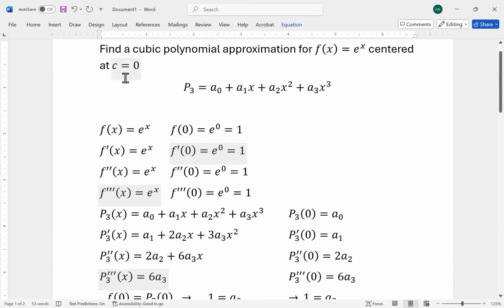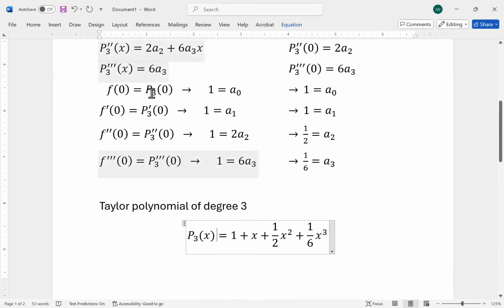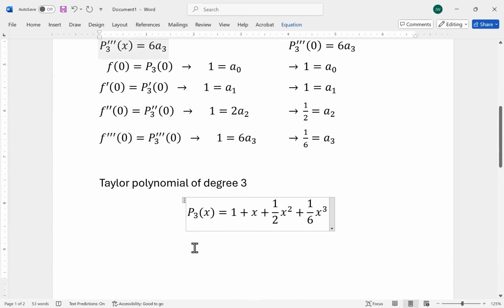In other words, around x values which are close to 0. Let's graph both f of x equals e to the x and this polynomial to see how closely we got.